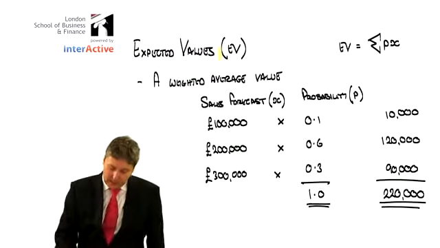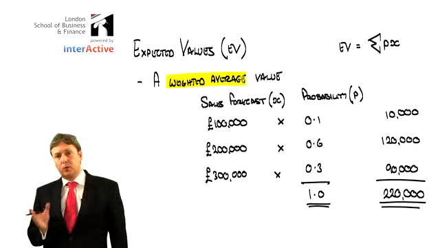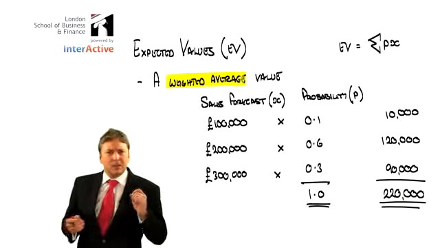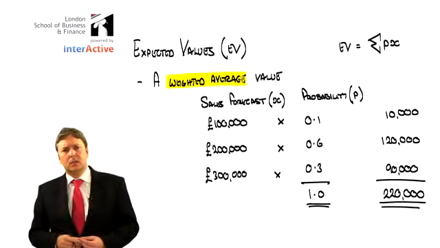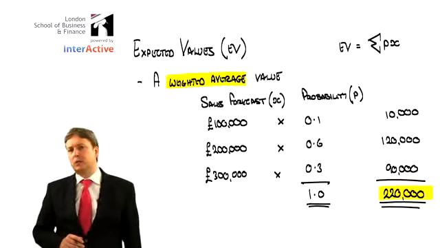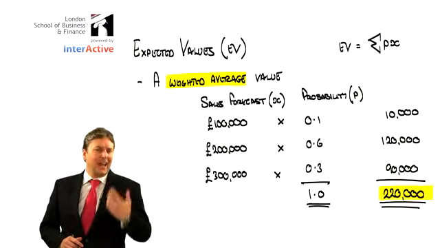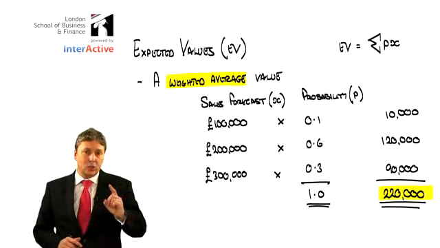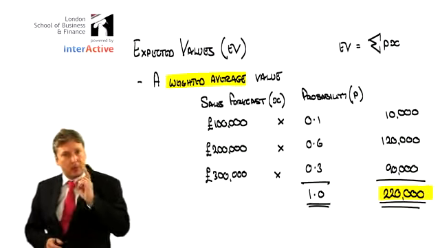Well, as I've said already, the figure is simply a weighted average of the 3 sales forecasts that we have. Being an average value, does that mean that it equates to a value that we forecast? Well, the answer is definitely no. This figure doesn't equate to any of the original forecasts. As such, can we achieve the expected value in an individual outcome? Let's say these sales forecasts relate to 1 month.